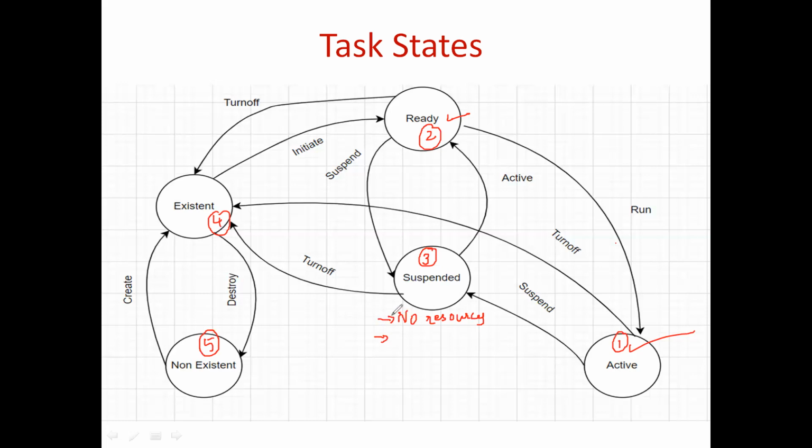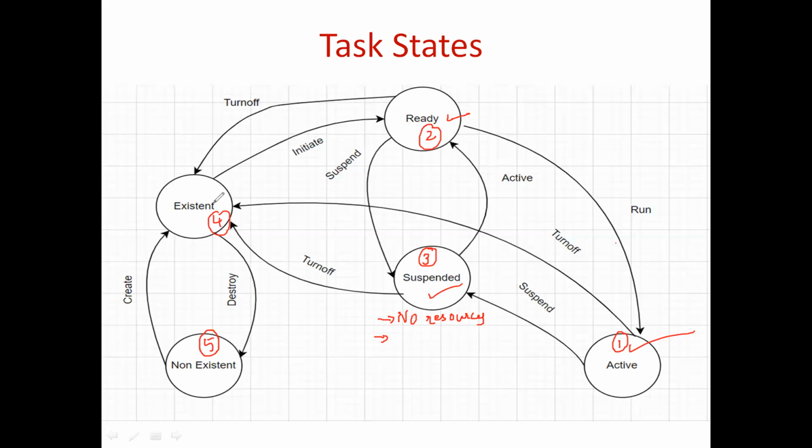For example, if this task has to be done, it should get the input from the analog to digital converter, or the task might be in a waiting state so that it has not yet received the output. Such a task will be in the suspended state.